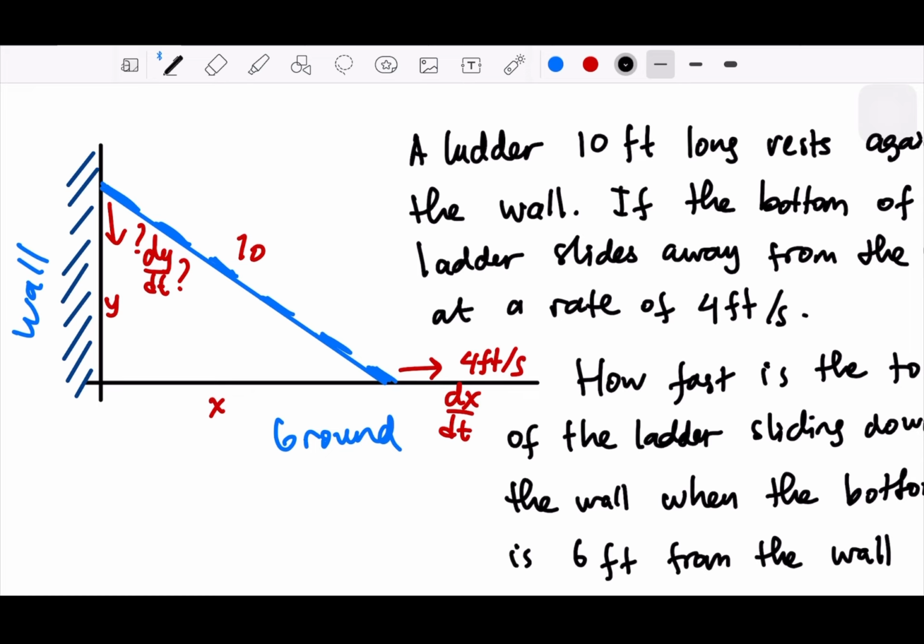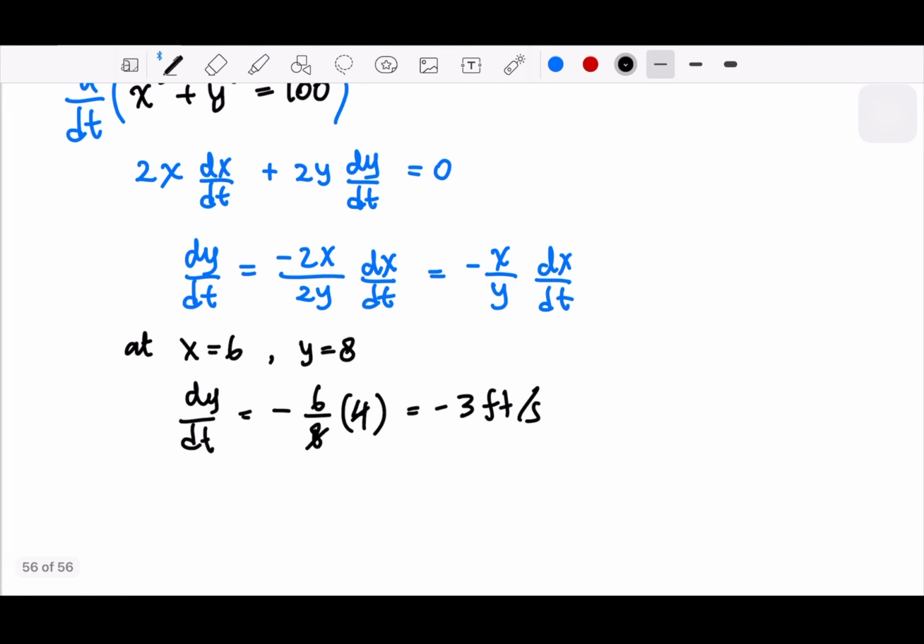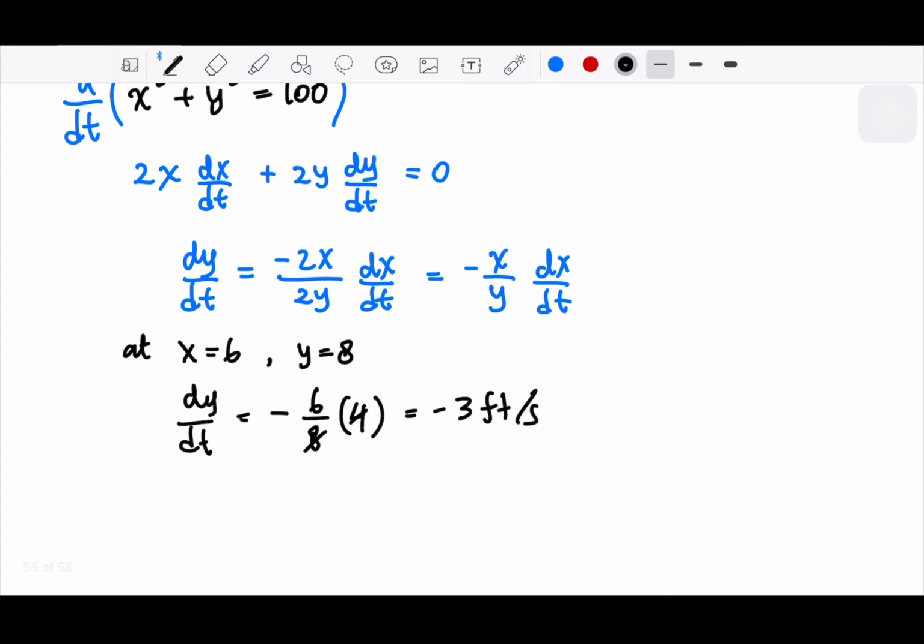If we define sliding away as positive, then sliding away makes it longer, and here it becomes shorter. That's why it's negative. But if you define this as negative, then you'll get a positive here. It's still okay. Both are true. It depends on how you define positive and negative. So the result is negative 3 feet per second.